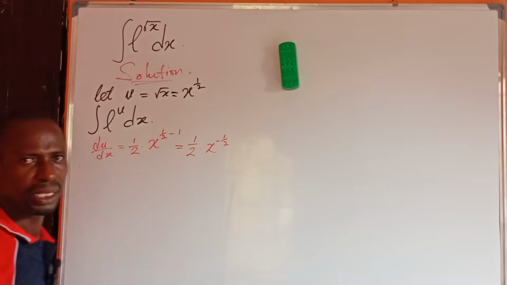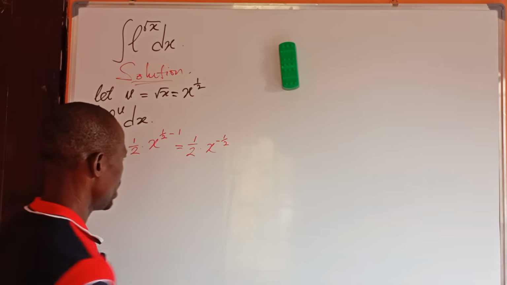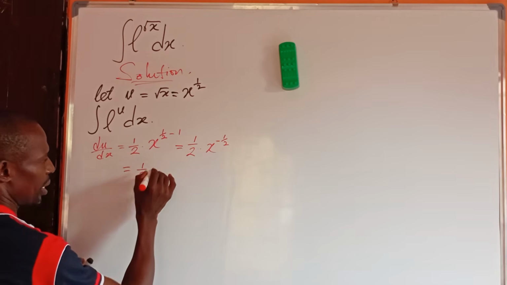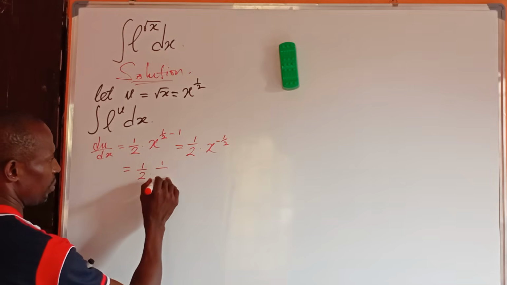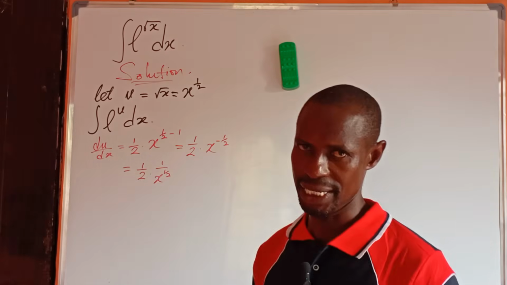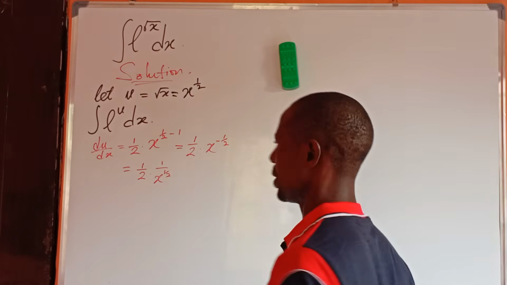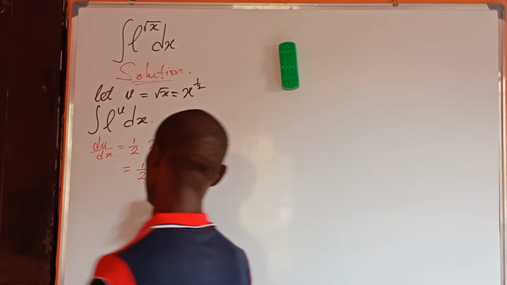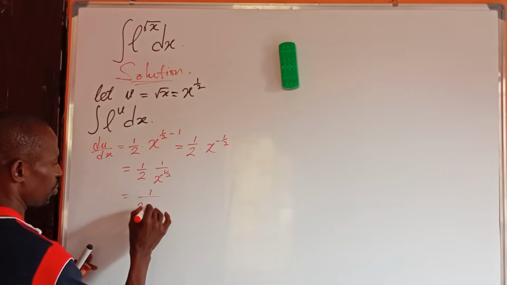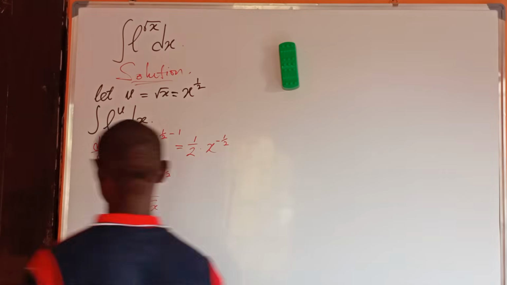We can remove this negative power, and this gives us 1/2 times 1 over x raised to the power of 1/2, applying the law of indices. So this is simple. We can rewrite this as 1/2 times the square root of x.